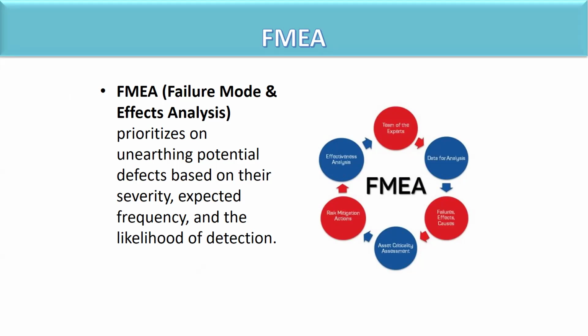And apart from this, we use this technique in business excellence, particularly in manufacturing organizations. It prioritizes potential defects based on their severity, expected frequency, and likelihood of detection. Teams of experts, data for analysis, then failure effect causes, asset criticality assessment, risk mitigation action, effectiveness of analysis.